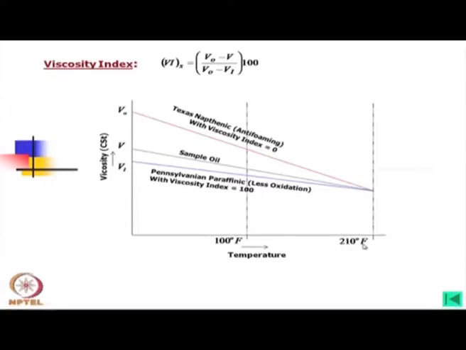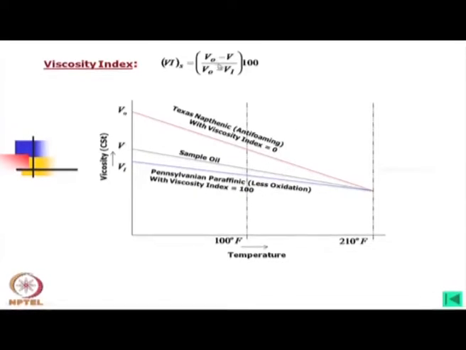After 210 degree Fahrenheit, all such oils will have almost the same viscosity, but with the lower temperature, we find that this viscosity, which we are presenting in centi-Stoke, and the red line is for the Texas naphthenic, for which viscosity index is 0, and Pennsylvania paraffinic oil is having the viscosity index 100, and the sample oil will be somewhere here.